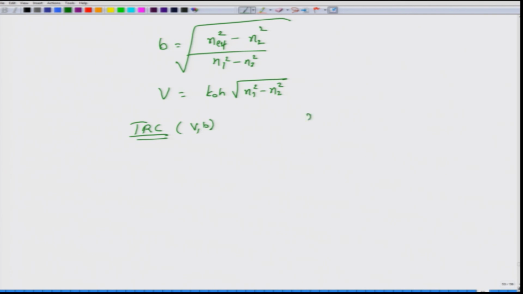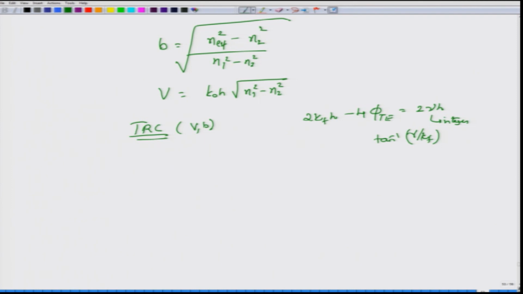The transverse resonance condition, if you remember, was 2 kappa f h minus 4 phi TE for the TE modes being equal to 2 nu pi, where nu was the integer as we have seen earlier, and phi TE was essentially tan inverse of gamma by kappa f.